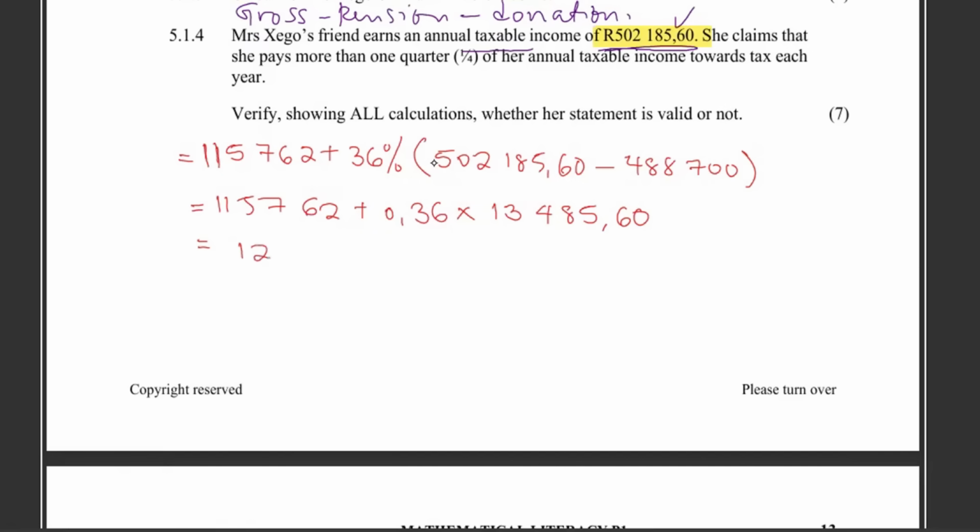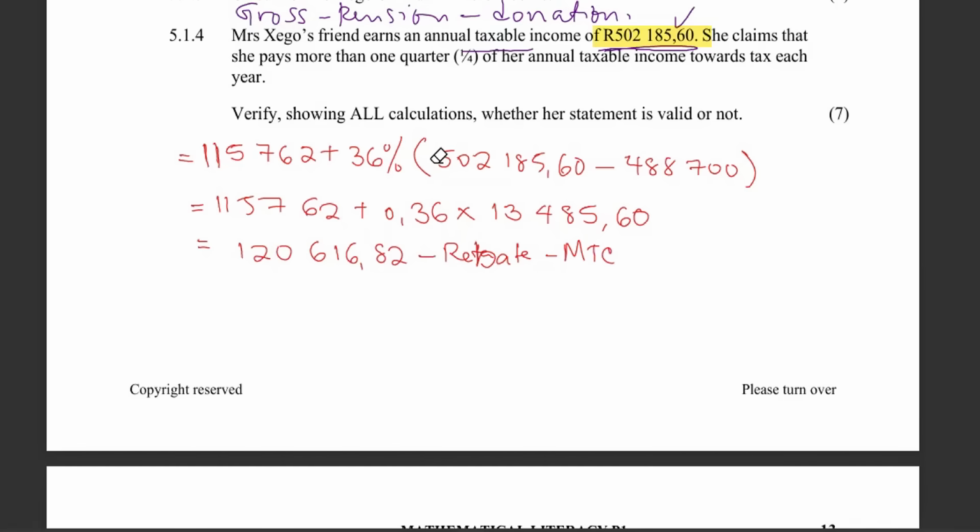You end up having this much: 120,616 rands, 82 cents. Now, this is when you subtract the rebate, and if they have medical tax credits, but then they have not talked about medical tax, so we don't need them. I'm only going to subtract the rebate.